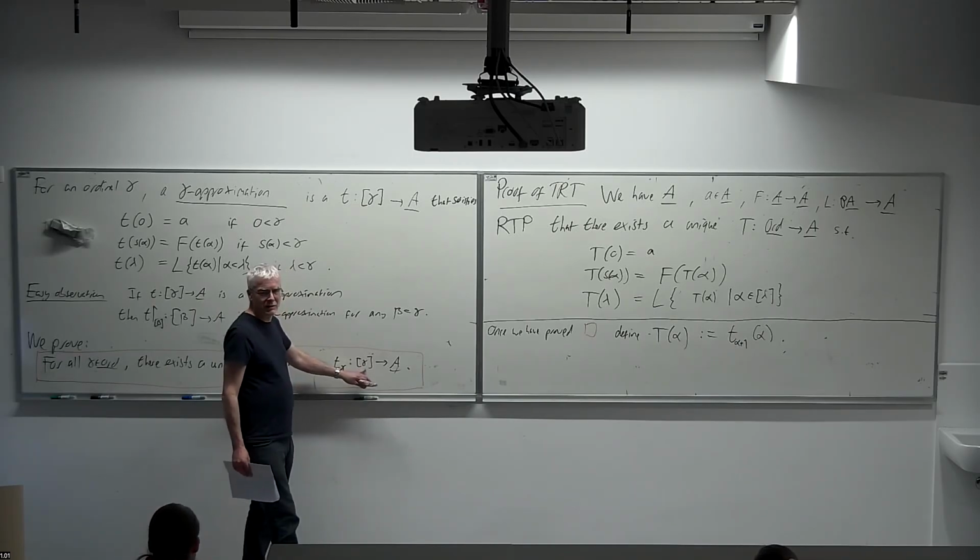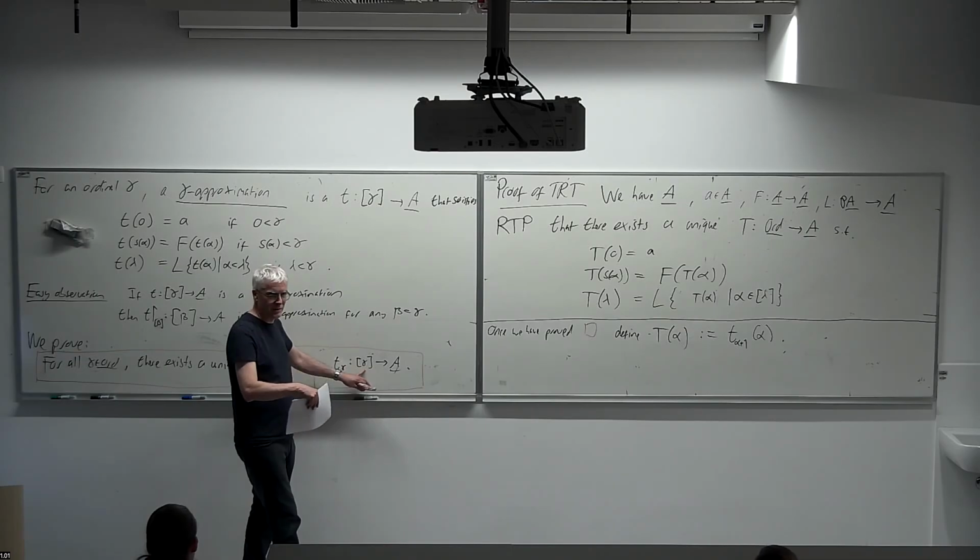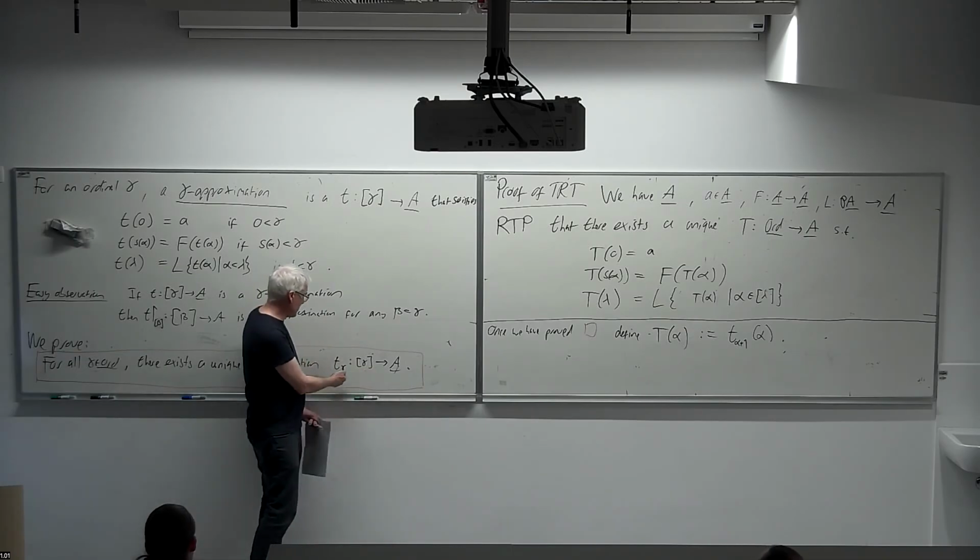We need to define a function on all ordinals strictly less than the successor of gamma, which is the same as all ordinals strictly less than gamma union gamma itself. So we consider our approximating function T gamma defined on ordinals strictly less than gamma, and we want to extend that to deal with gamma itself.